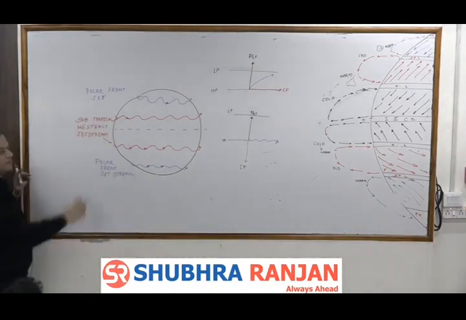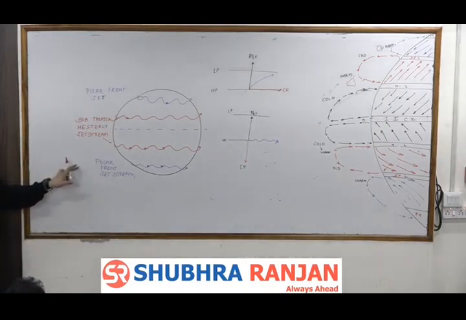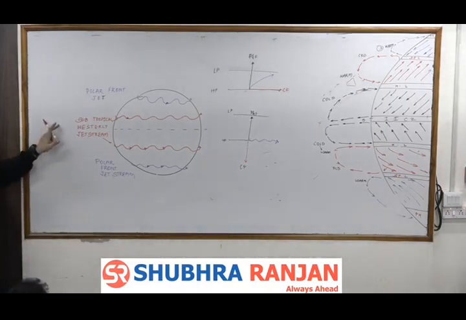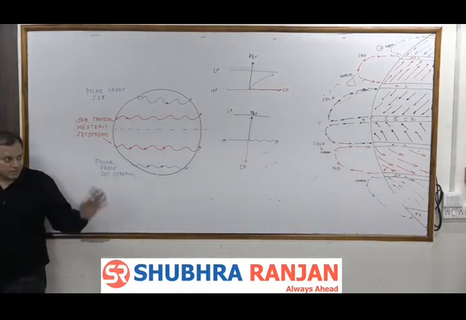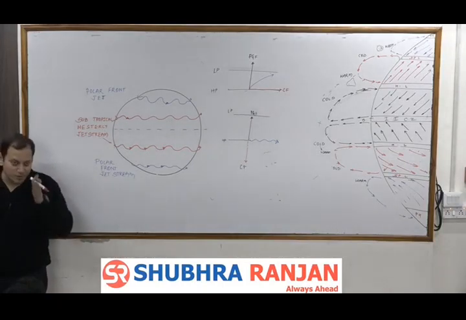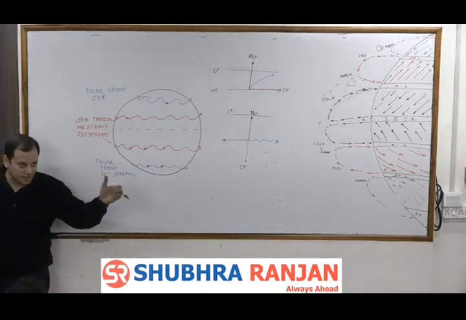Polar front jet stream of northern hemisphere, polar front jet stream of southern hemisphere. Subtropical westerly jet of northern hemisphere, subtropical westerly jet of southern hemisphere. What is this? Upper air circulation which moves from west to east.